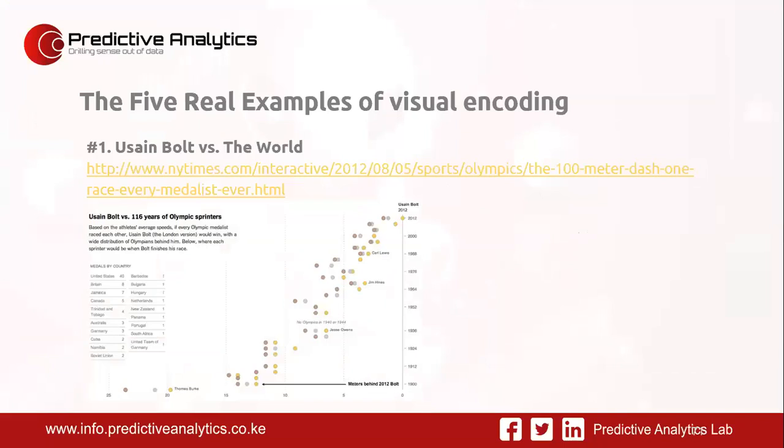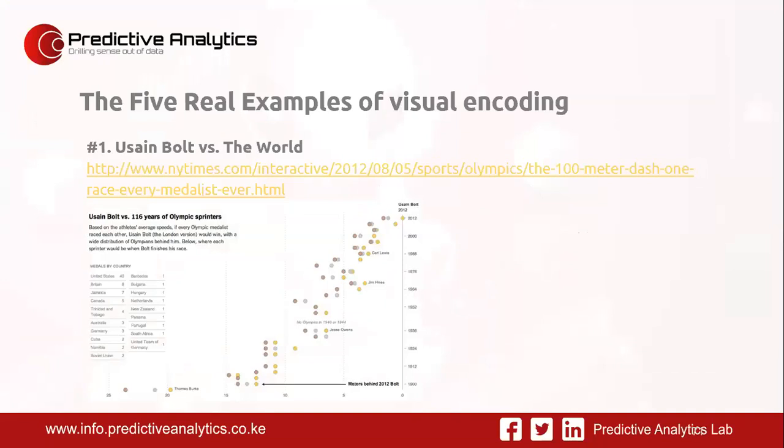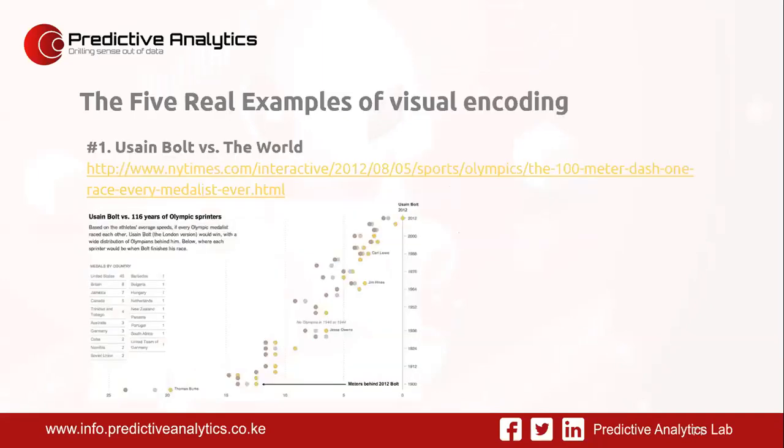So if we have a look at that very interesting visual, we see there's a combination of encoding variables that have been used. For example, we have the use of color. Natural colors have been used to encode bronze, silver, and gold. Naturally, we know the color of gold is a variation of yellow.